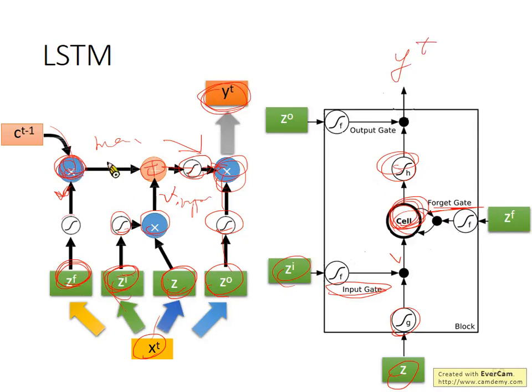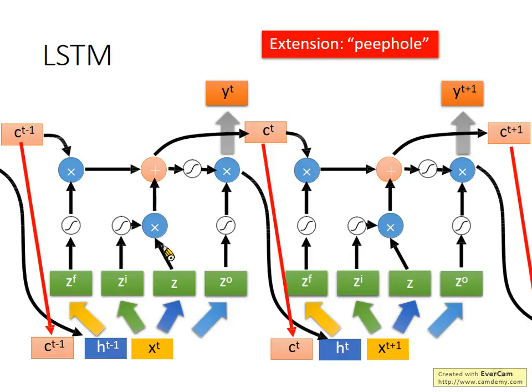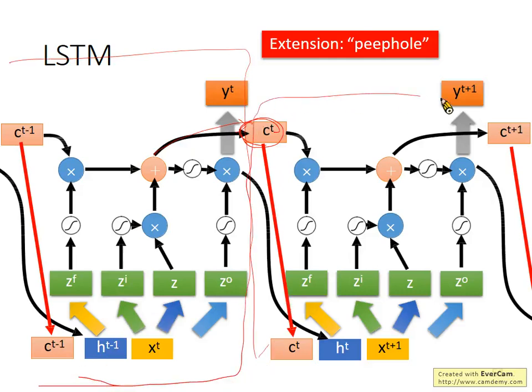From this structure, we can process a given input by considering the memory information. The memory cell information will be stored as c_t for the processing of the next step. This step is at time instance t, and the next step is for time instance t plus 1.